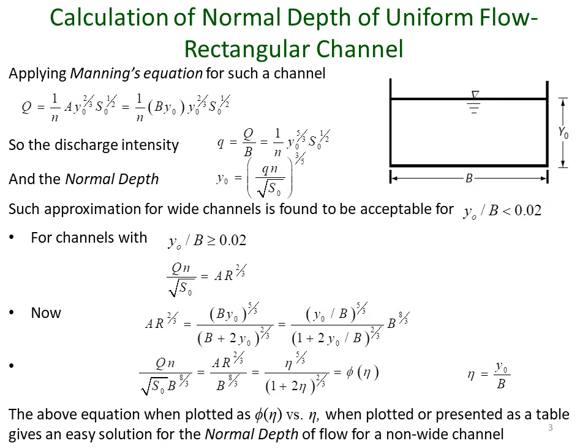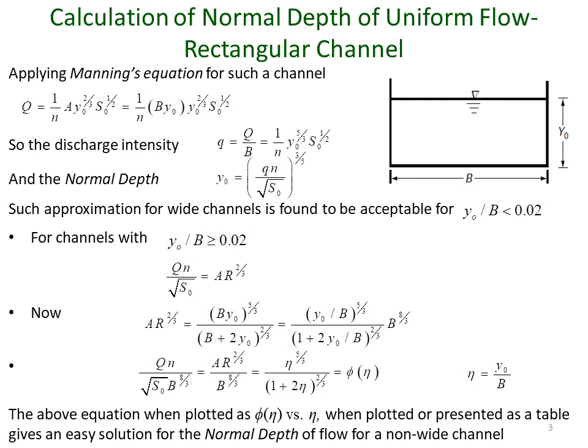Notice here that the hydraulic radius R has been replaced by the flow depth y naught, since this is a wide channel. And if we substitute the value of the cross section, then we get Q equals 1 by n into b into y naught to the power 5/3 into S naught to the power half, which is the first equation of the wide channel.